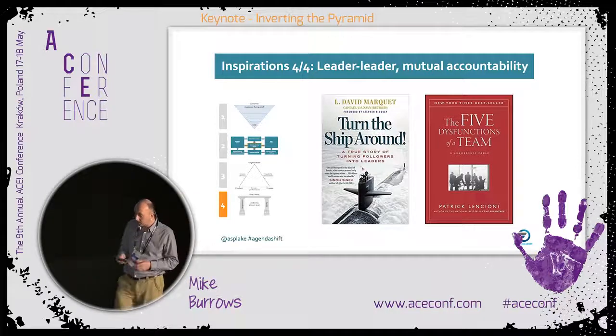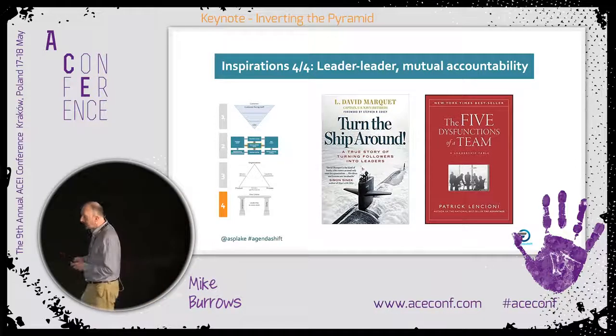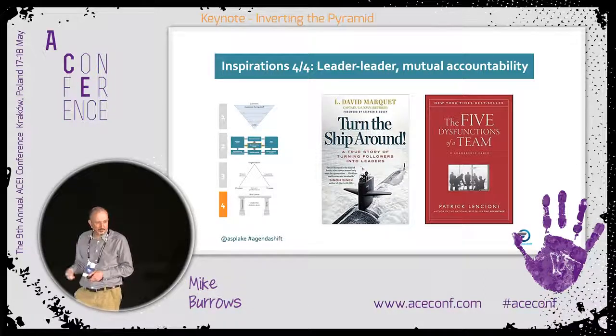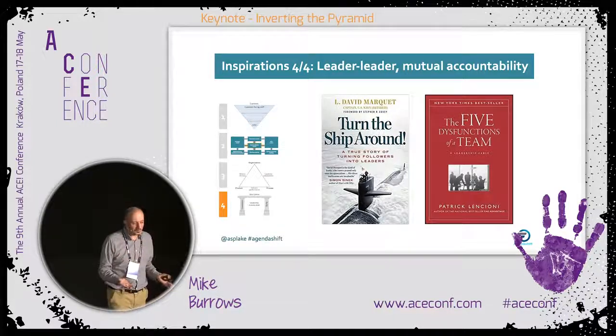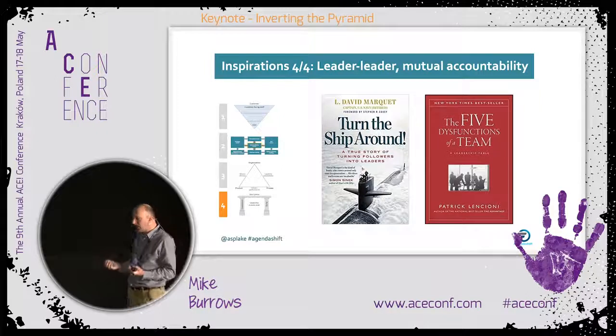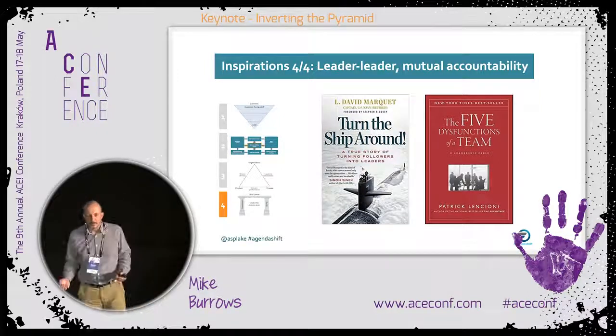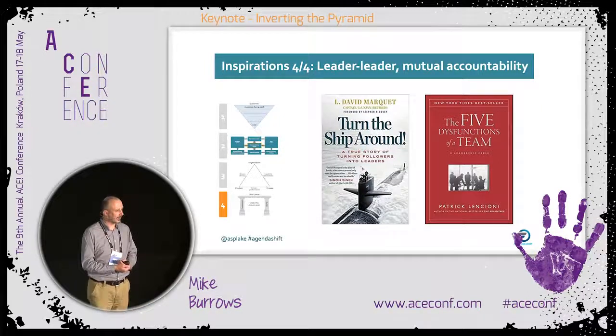Now, if you're going to talk about accountability, another great book is The Five Dysfunctions of a Team by Patrick Lencioni. Little tip, if you've not read these books, and I strongly recommend that you do, they're very readable books, and they also work fantastically as audiobooks.